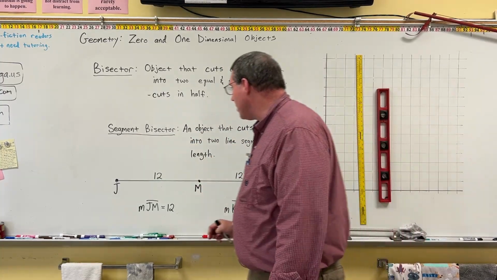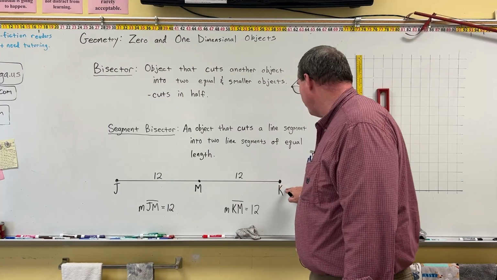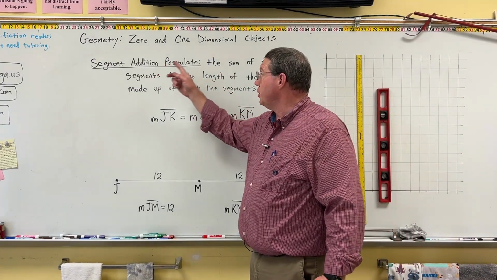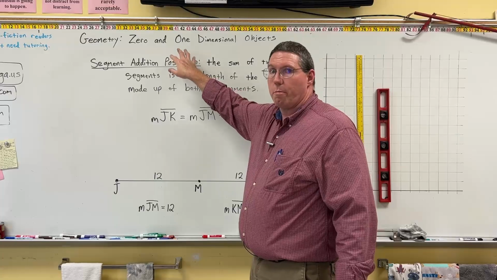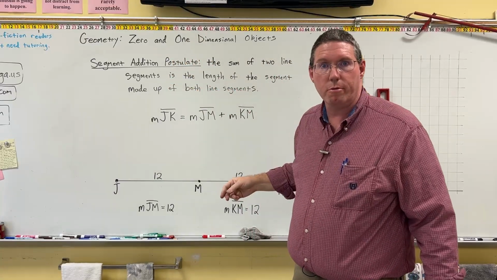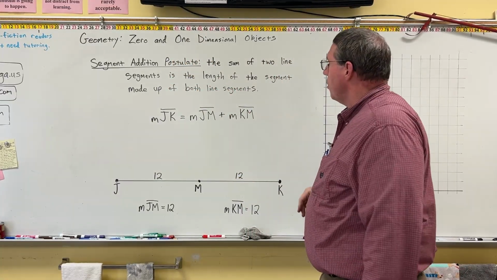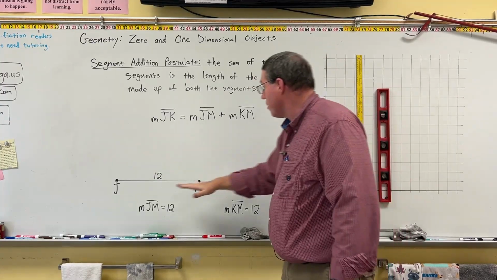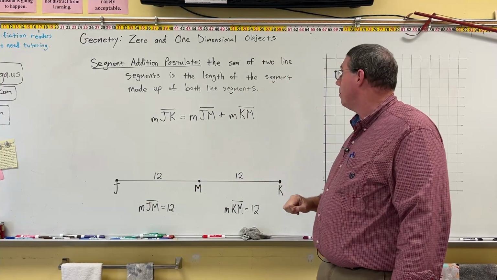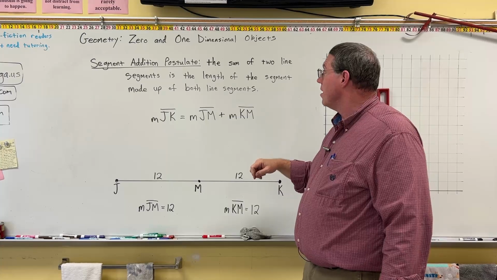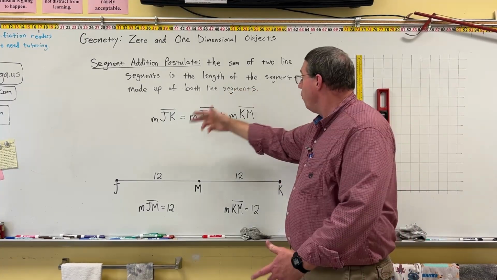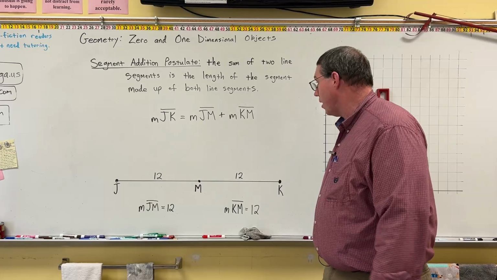Now, what is the measure of the overall segment from J to K? To answer that question, we need the segment addition postulate. Don't worry about this word postulate. It just means it's true, okay? So very simply, the segment addition postulate says that the sum of two line segments, JM and KM, equals the length of the overall segment that's made up of both line segments.